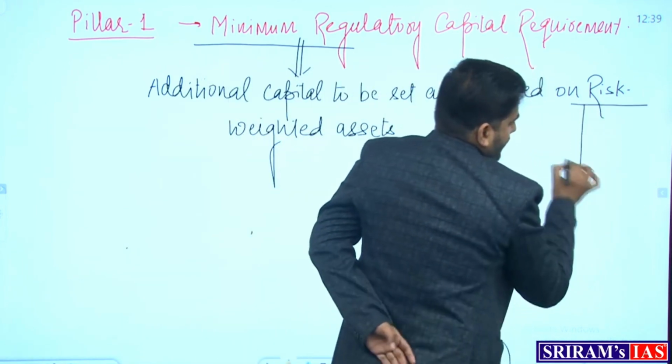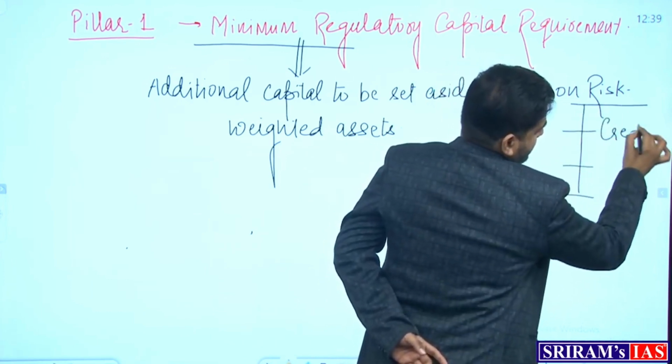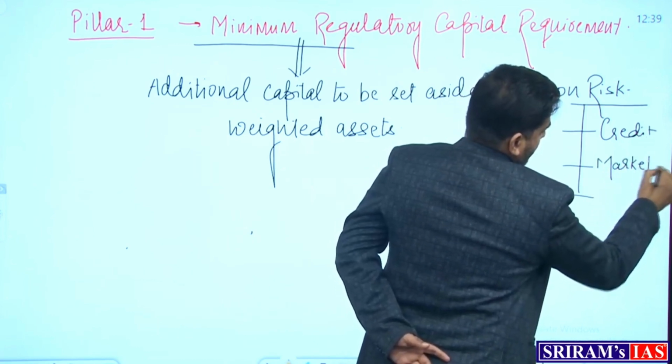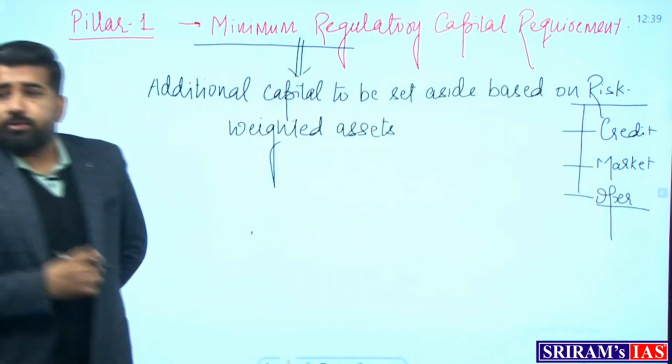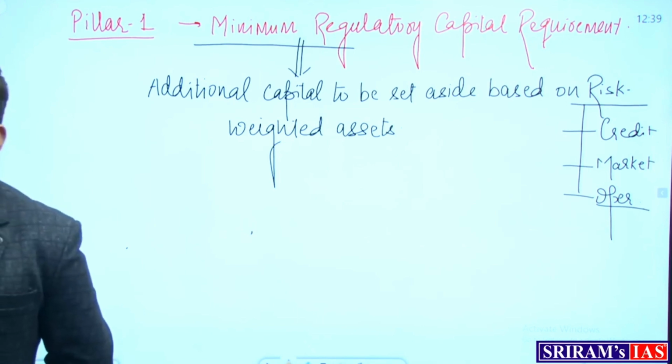And we have discussed the different types of risk: credit, market and operational risk. So it says that the bank needs to set aside the capital based on risk weighted asset.